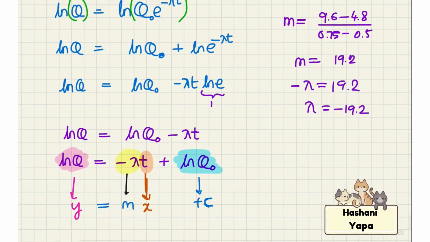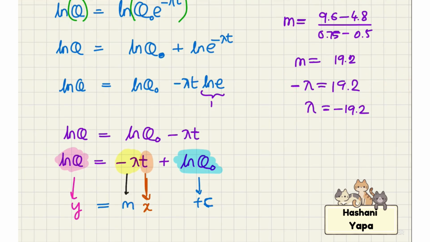You found m, so you input the value for minus lambda here and multiply the entire thing by minus, so lambda is minus 19.2.